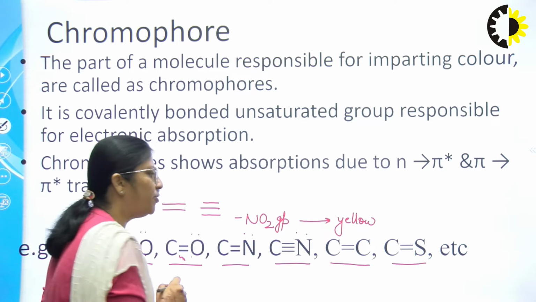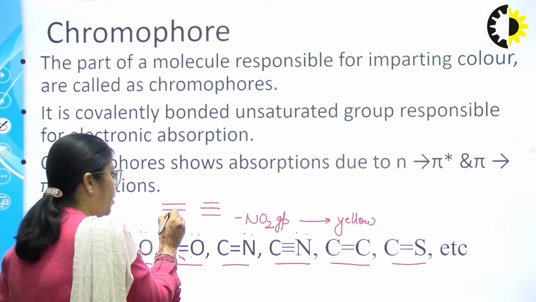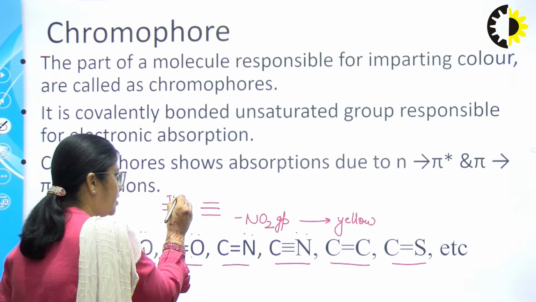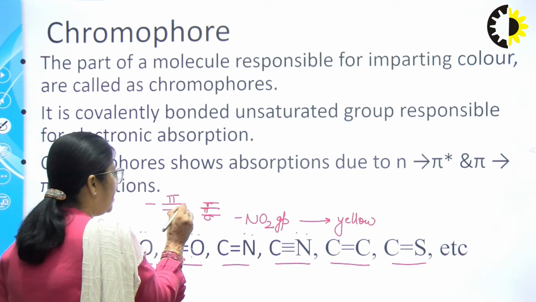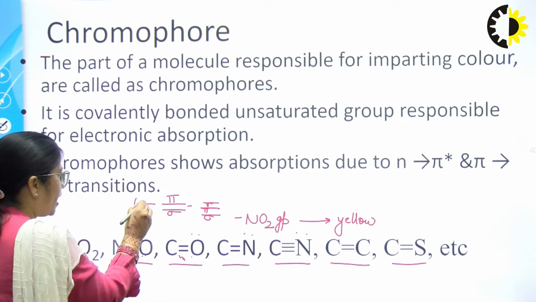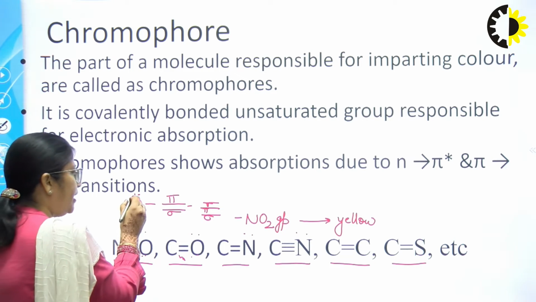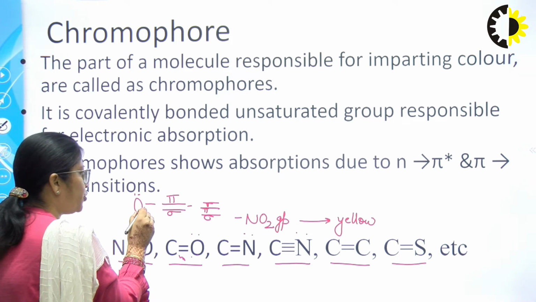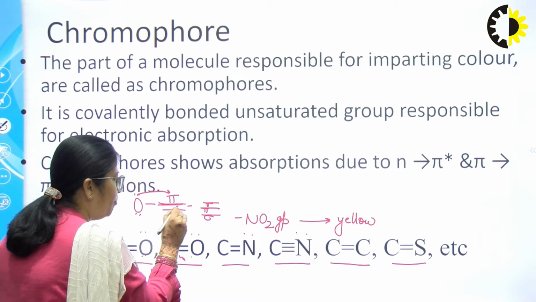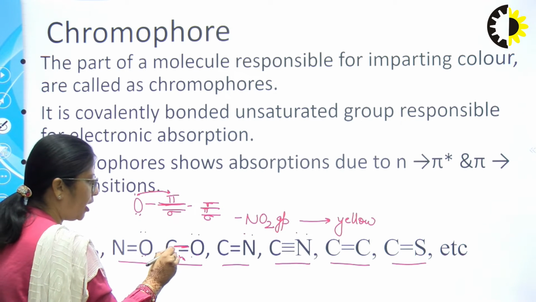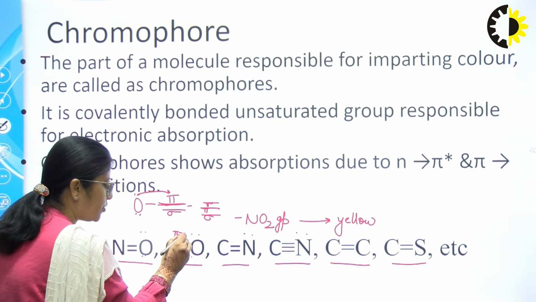One bond is sigma, the other is pi, or similarly one sigma and two pi, and the nearby atom is a heteroatom with lone pair of electrons. These lone pair of electrons show n to pi star transitions, and the pi bond present between the atoms shows pi to pi star transitions.